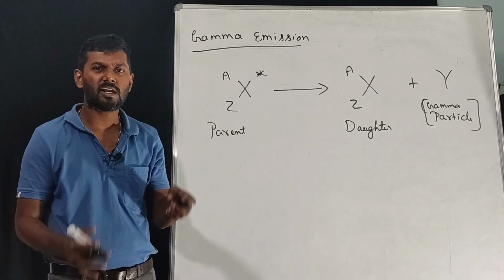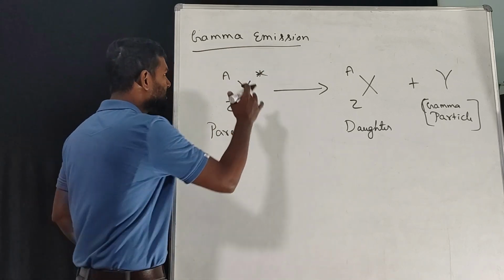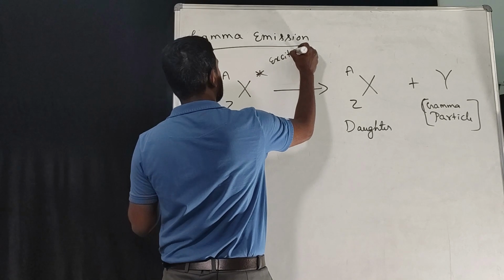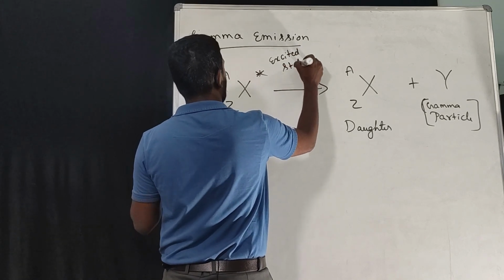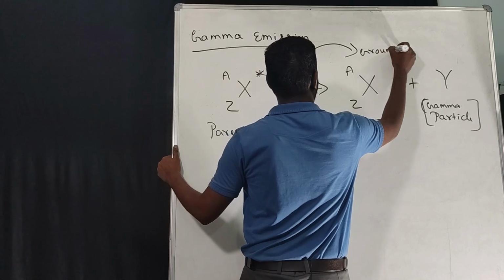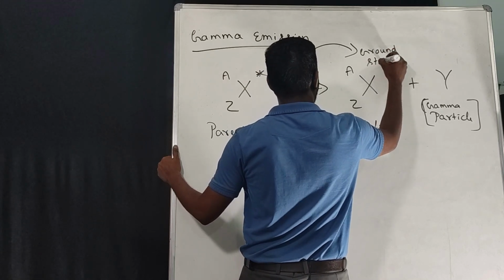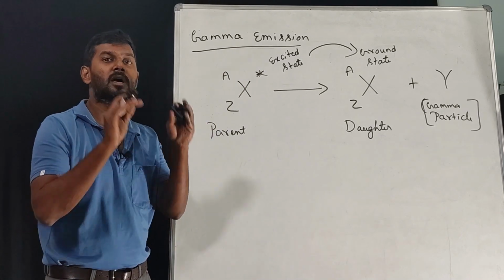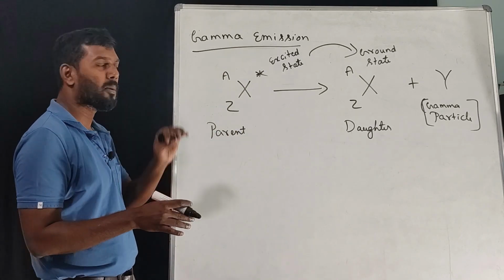What do you mean by excited state? It has more energy. It is converted into the ground state. Ground state means less energy. Excited state means more energy. That's it about gamma emission.